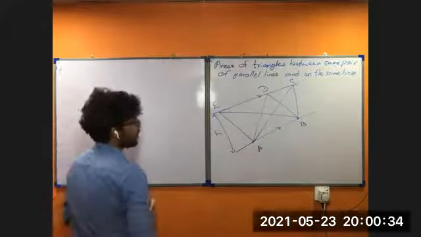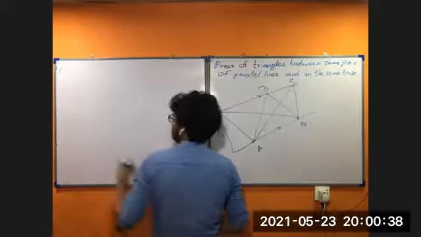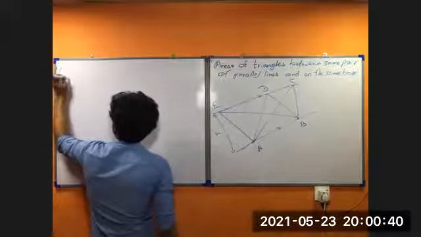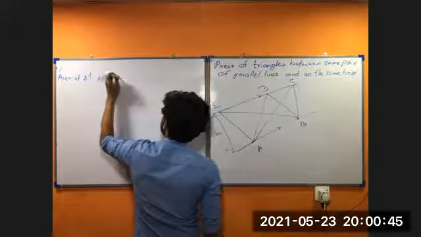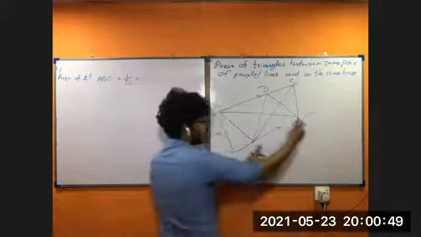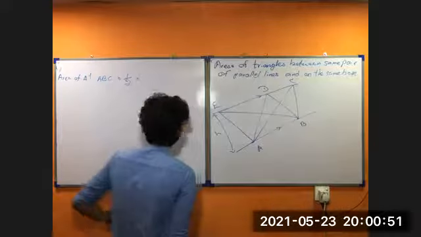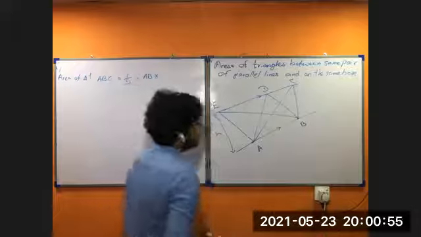So first one, area of triangle ABC. Area of triangle ABC is equal to what? Half into base. Base is what? This is the base, right? AB. Half into AB into perpendicular height.